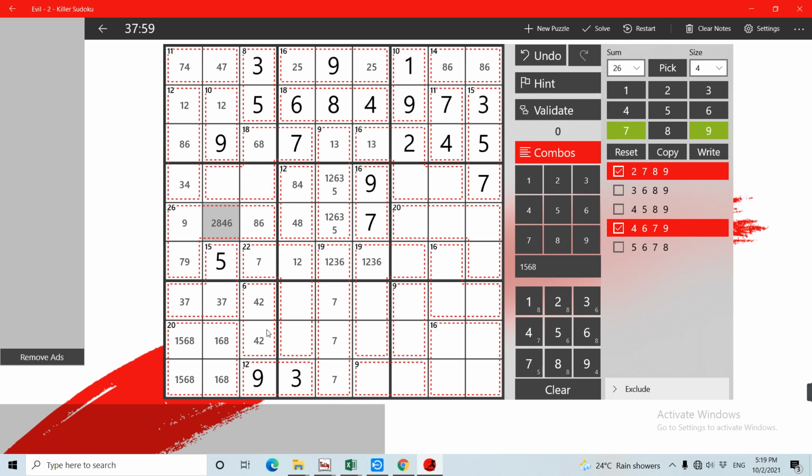So if 2 and 4 is not possible, I'll have to enter a 2 and 4 here.